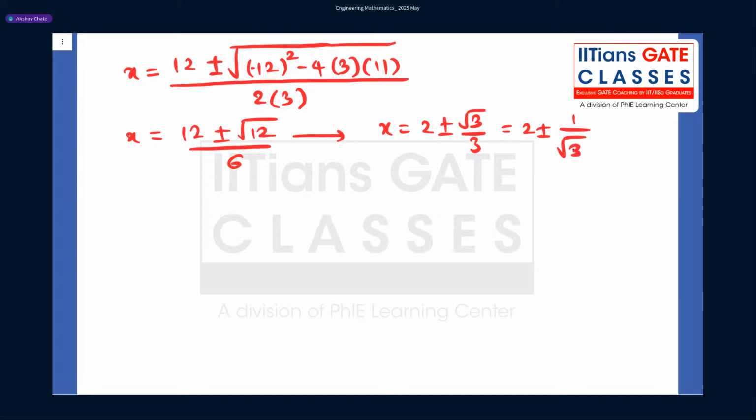Correct. So there are two x values where your f dash of x goes to 0, and then you need to check whether it's a maxima or minima. For that, we need to do the second derivative. But if you look at these values, one value is 2 plus 1 by root 3, and another value is 2 minus 1 by root 3, right?